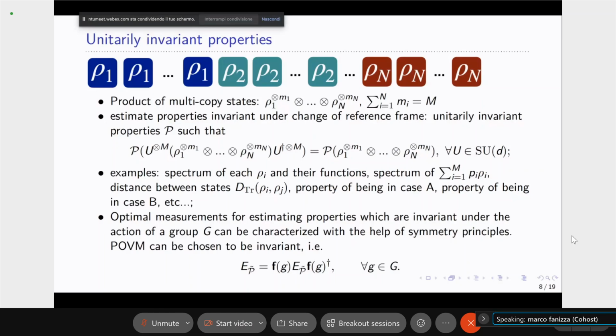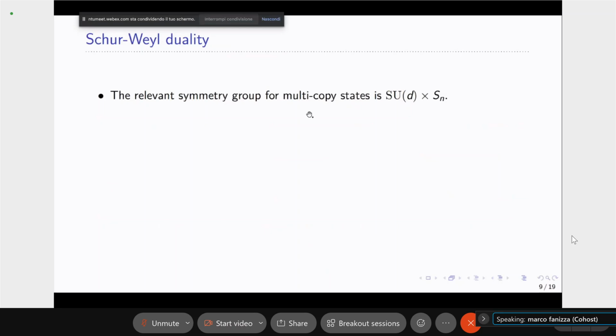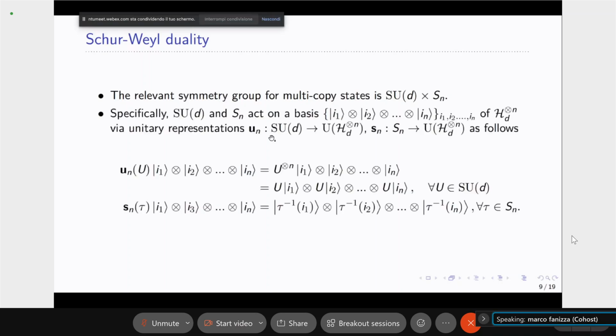So in particular, for multi-copy states, the relevant group is SU(d) times S_n, where S_n is the group of permutations of n objects, if we have n copies of a state. And specifically, this group acts with the tensor product representation of SU(d), and the permutation part simply permutes the Hilbert space of H tensor n according to the given permutation.